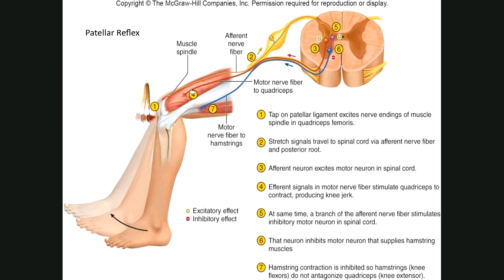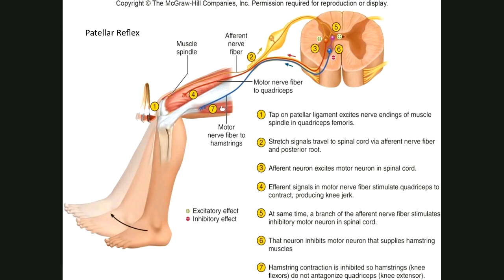But at the same time, we have other processing here too, with number 5. Here, the yellow line is the sensory neuron. It makes a synapse with an interneuron, and our interneuron can make another decision. This other decision inhibits the contraction of the hamstring muscle here.